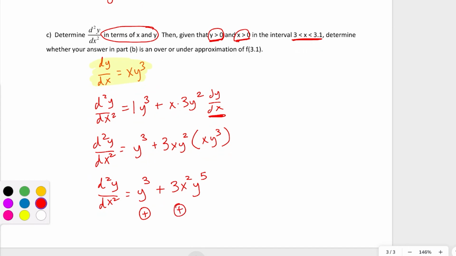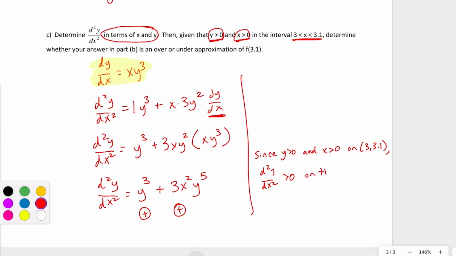So this whole thing's positive. Since y is positive and x is positive on the interval 3 to 3.1, the second derivative is positive on that interval.